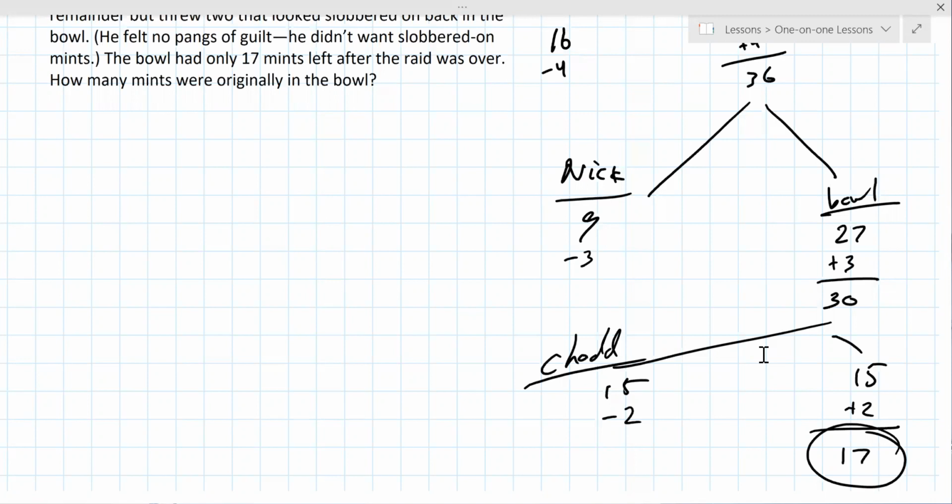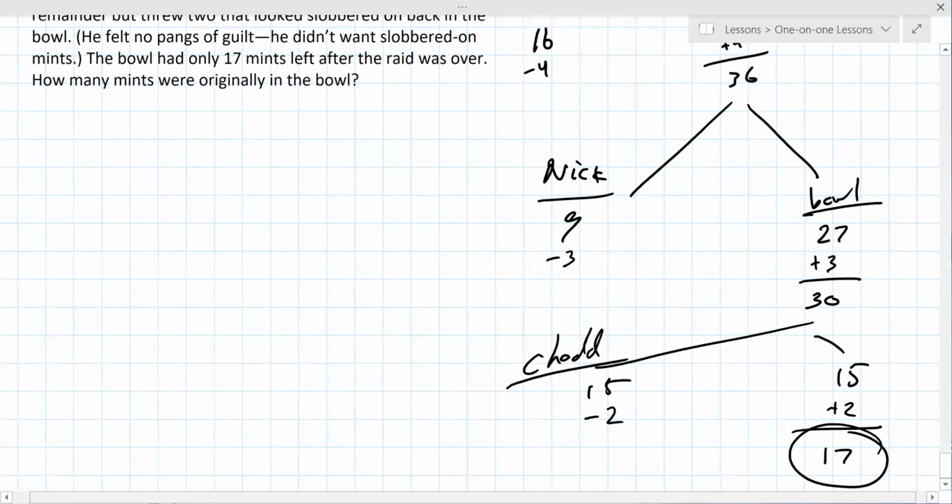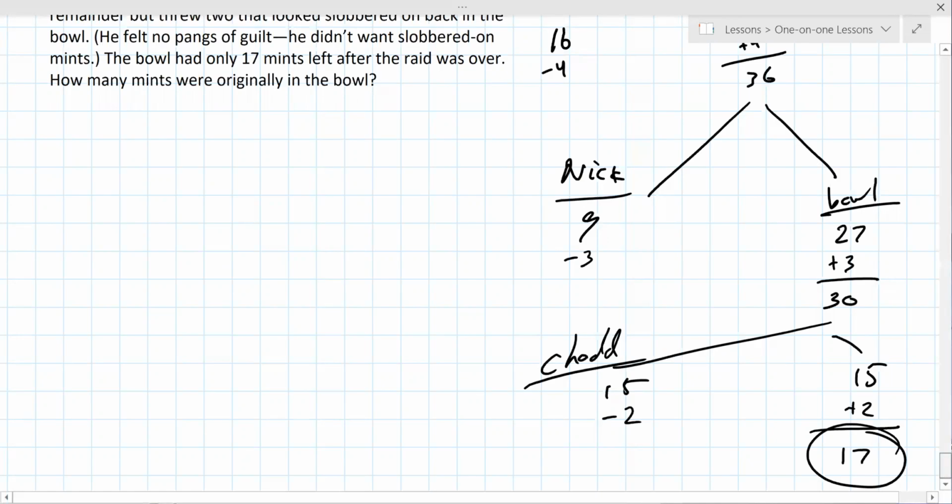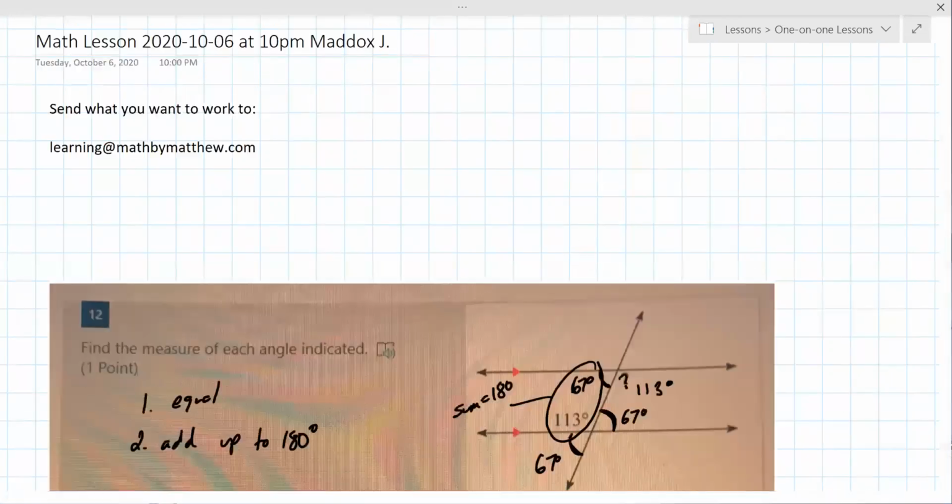It's going to take a while. There's a lot.